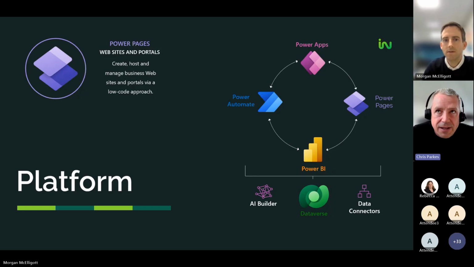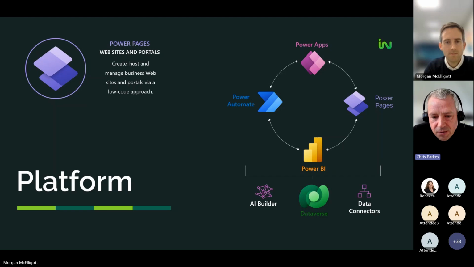But I don't think many organizations are going to choose Power Pages as their web front end for their entire brand and everything else. But the strength of Power Pages is that it will allow access into the Dataverse for authenticated users that log in.